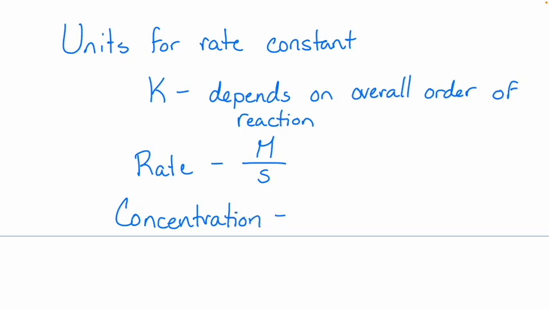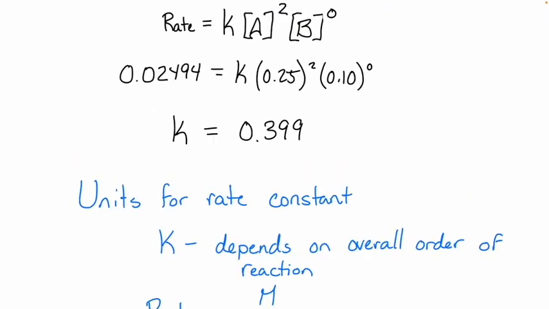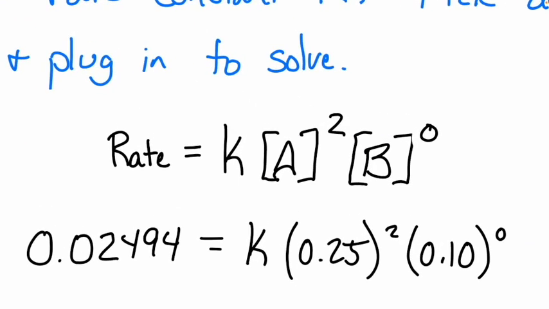What do we measure concentration in? Molar, big M. All right, so K's job in our rate law here is to square the units from one side to the other. Rate has to be in molar per second. Concentrations have to be in molar. So K is going to be there to make sure that at the end of the day, this product has a unit of molar per second.